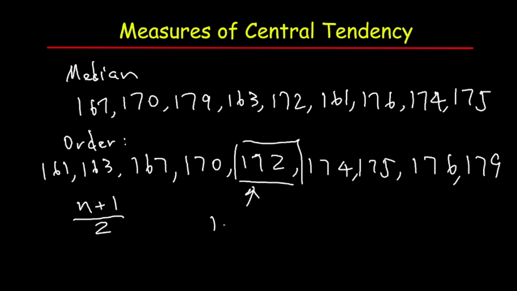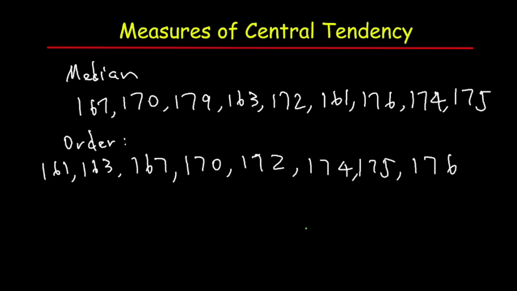Well, what if there isn't an odd number of terms, and instead, let's just say there are 8 terms now, so we're missing a term. Now we're going to take the average of the n divided by 2 term and the n divided by 2 plus 1 term, adding them together and dividing by 2.